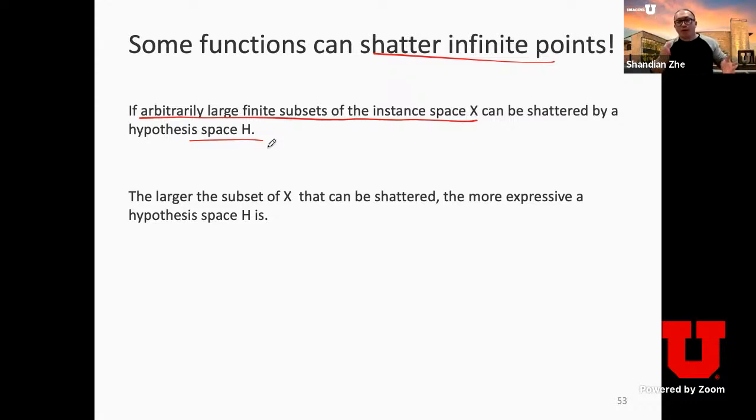That's not possible because you cannot label an infinite number of points. What you can claim is that if you choose an arbitrarily large yet finite number of points, they can be shattered by your hypothesis space H. If you can show this, then you can claim that your hypothesis space H can shatter this infinite set of data points.